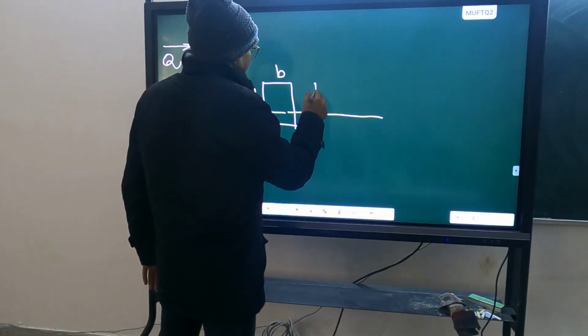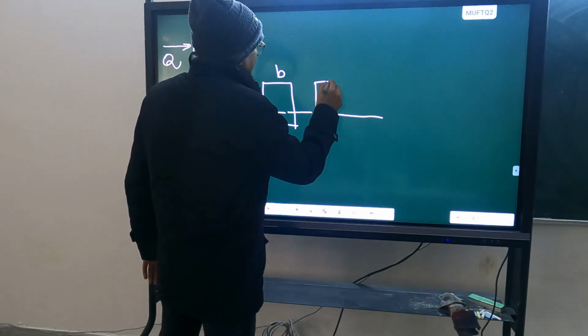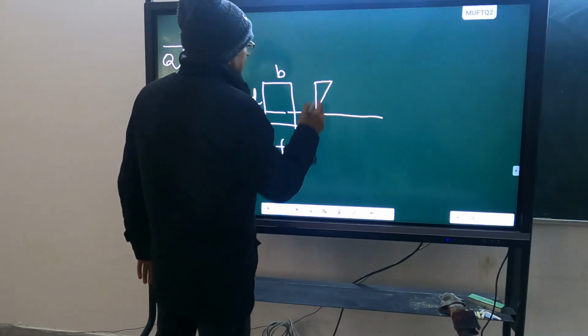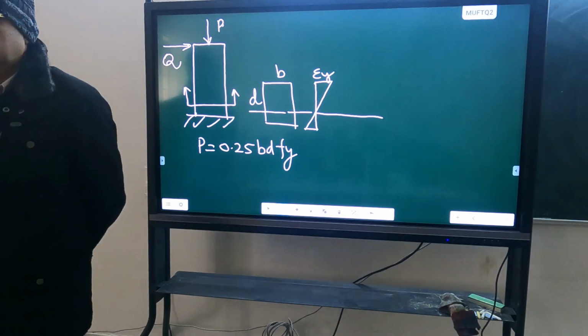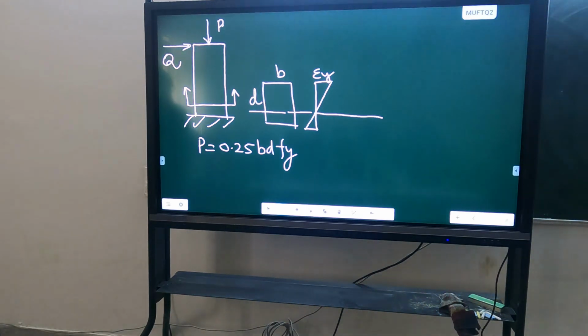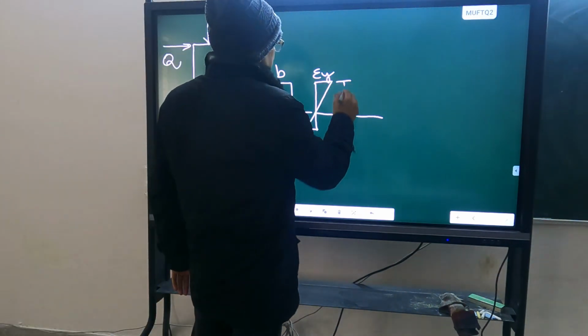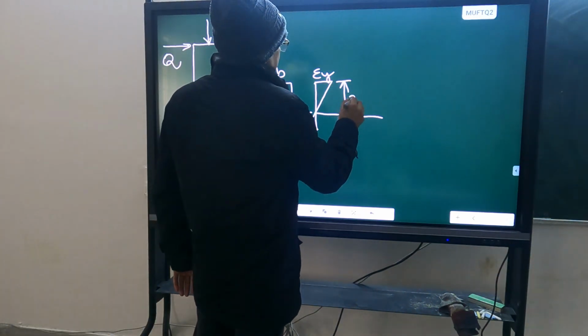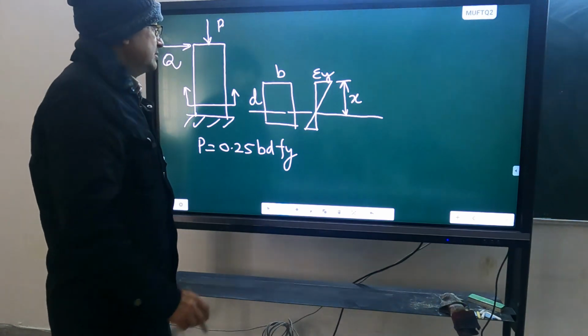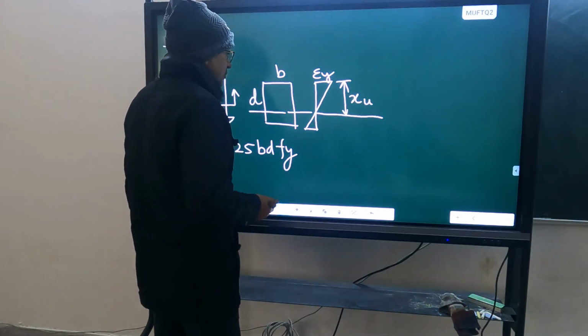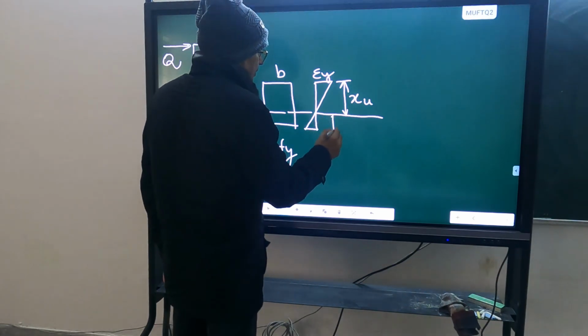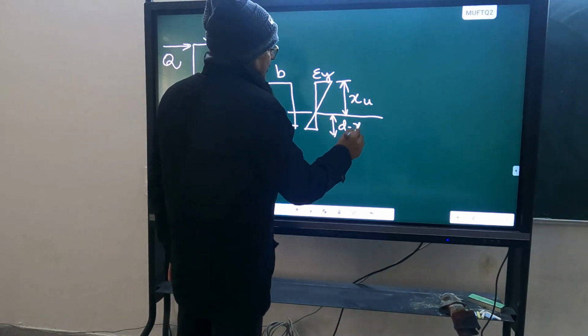Let's consider the first case when the strain in the extreme fiber is epsilon y. Let us say this depth of the neutral axis is xu, or you can also say x or c, whatever you want to represent, and then this will be d minus xu.